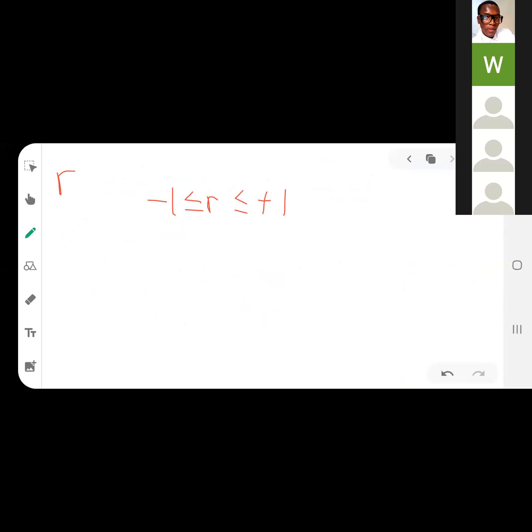So if the value of r is positive, it shows that there is a positive relationship between X and Y.